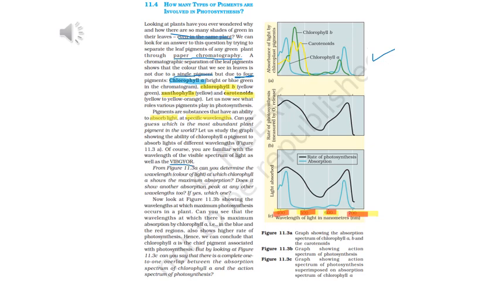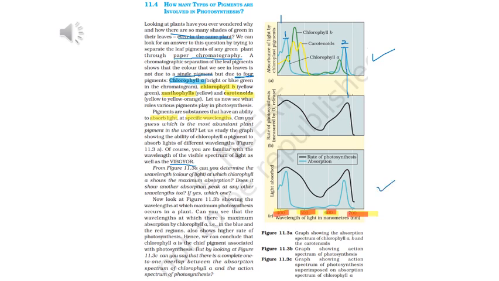From Figure 11.3a, can you determine the wavelength or color of light at which chlorophyll a shows the maximum absorption? Does it show another absorption peak at any other wavelengths too? If yes, which one? Now look at Figure 11.3 showing the wavelengths at which maximum photosynthesis occurs in a plant.